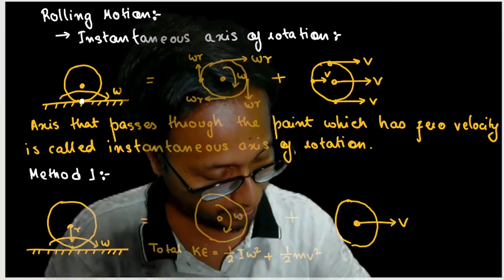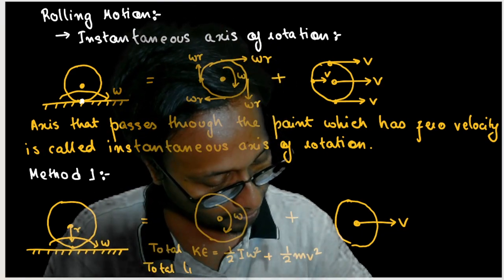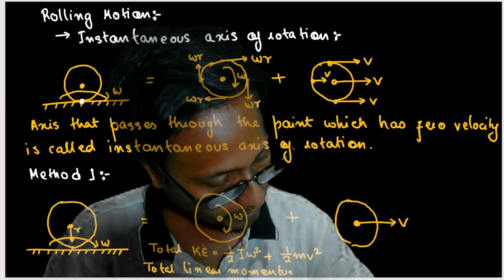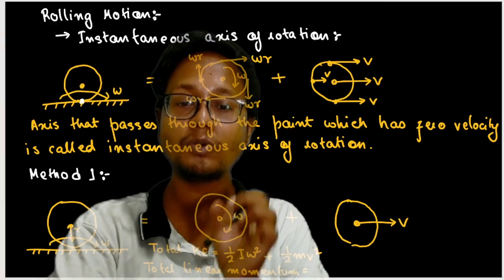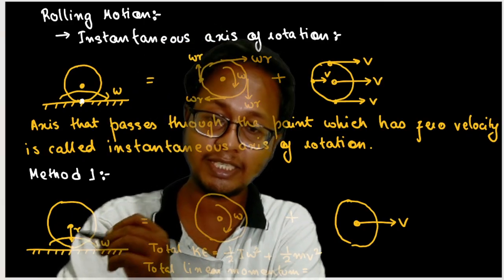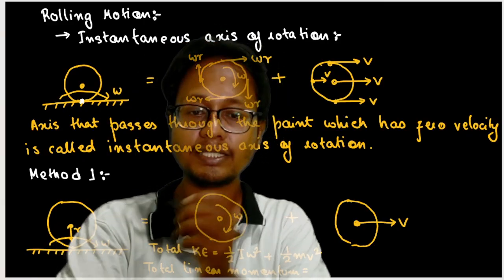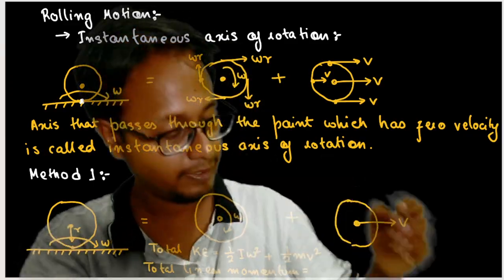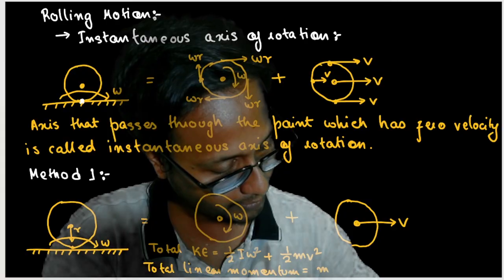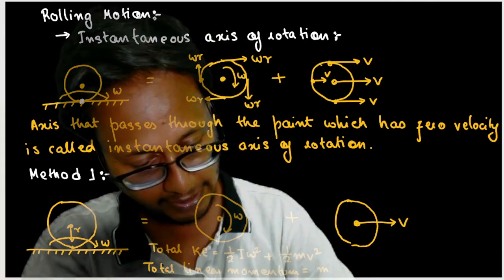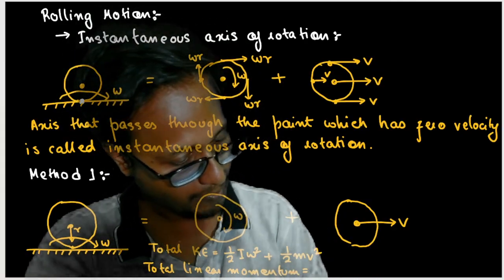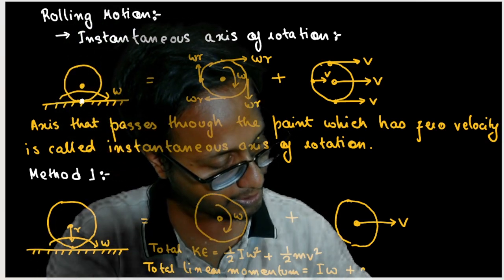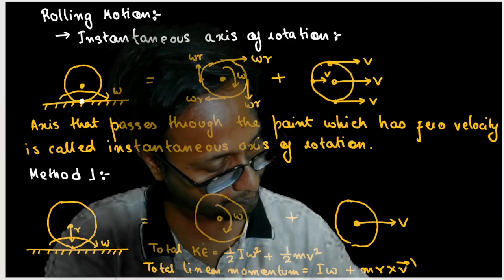If I want to find out the total momentum, what I'm actually finding out is the total angular momentum from the instantaneous axis of rotation. It is nothing but I omega plus m r cross v.